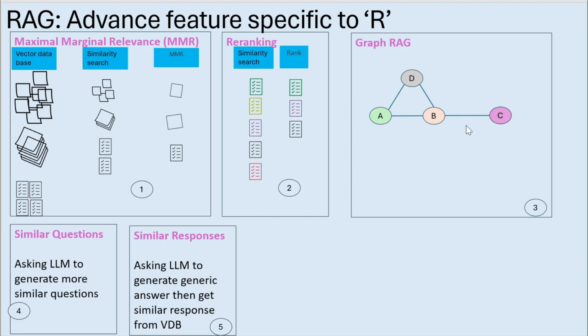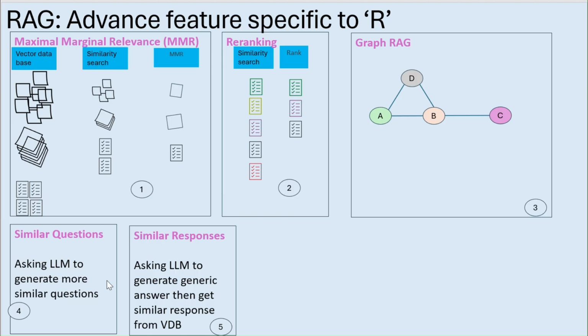Almost any kind of graph has nodes like this, which I have denoted here as A, B, C, D, and the relationships between them. If we are able to form relationships among all our entities in the text, then we'll be able to do Graph RAG. This is quite useful when you have a lot of entities.